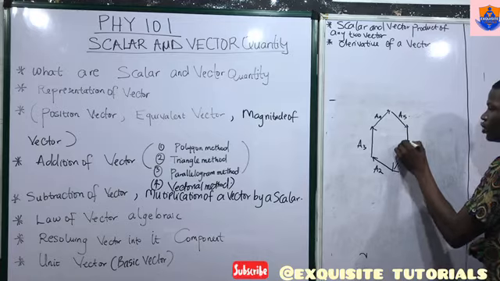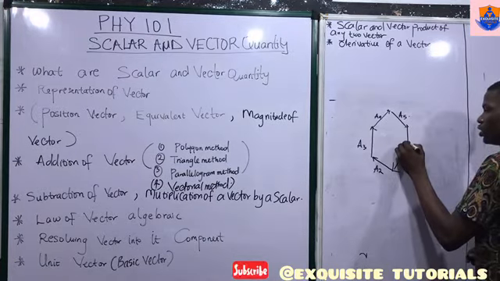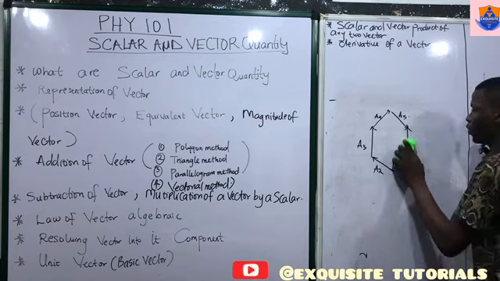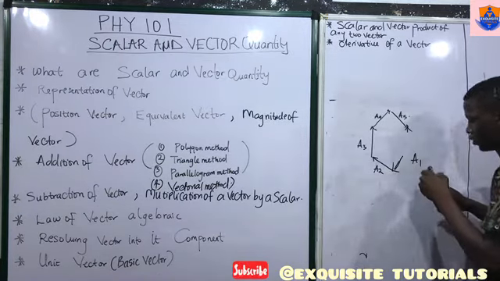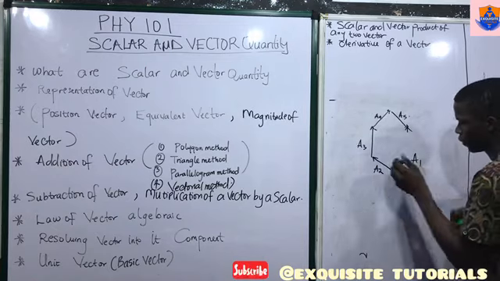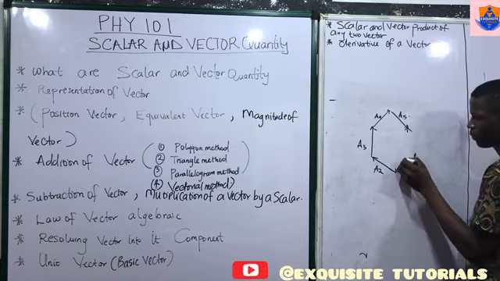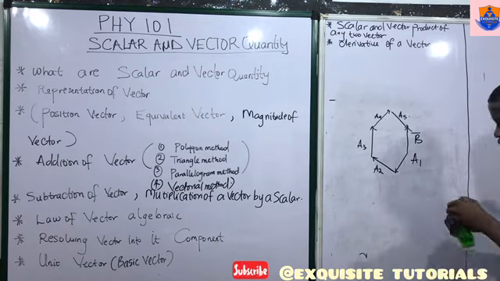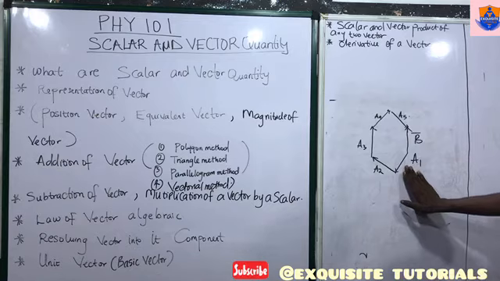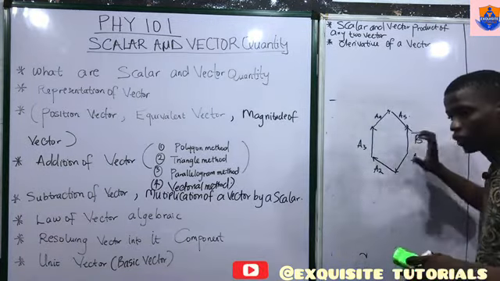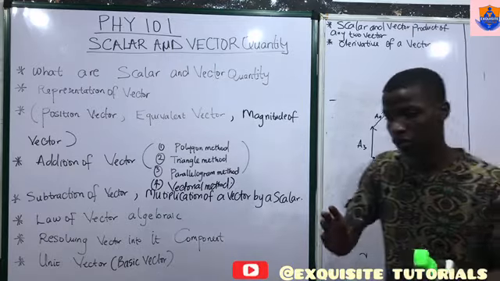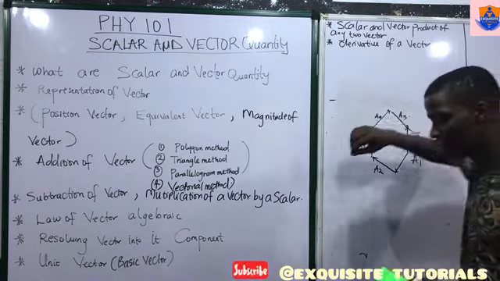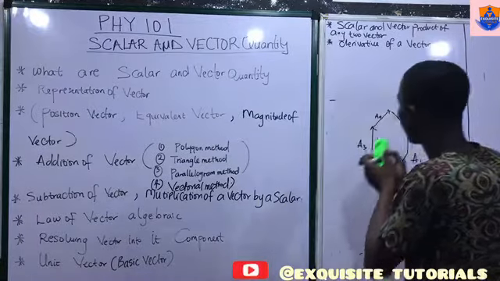Then the last one, being the resultant, is written in this format, such that the tail of the first vector coincides with the tail of the resultant vector, and the head of the resultant vector coincides with the head of our last vector.